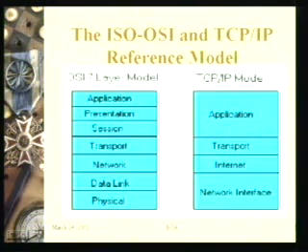Whenever we talk about a service, the physical layer offers a service to the data link layer. The data link layer offers a service to the network layer, and so on and so forth. A lower level layer offers a service to a higher level layer. For example, the data link layer may be offering a service like reliable communication of data to the network layer.